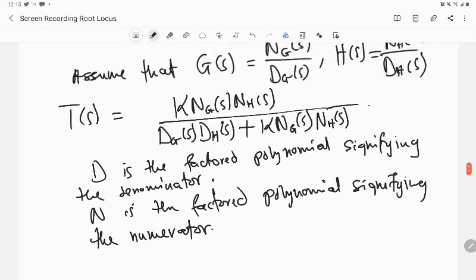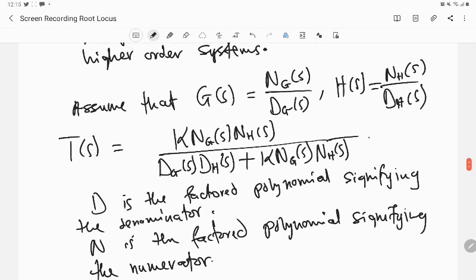So in other words, G(s) is made up of a polynomial divided by a polynomial. So the ratio of the numerator polynomial and the denominator polynomial, and the numerator polynomial is the NG, denominator is the DG.